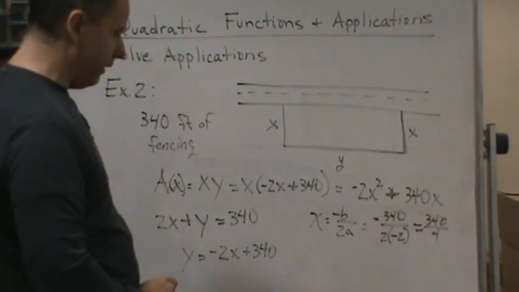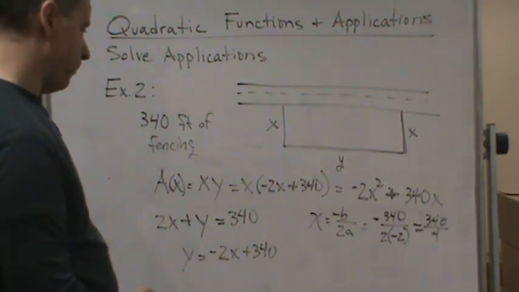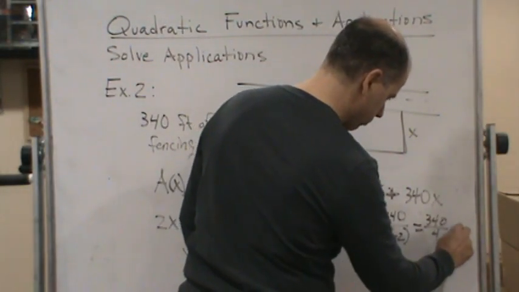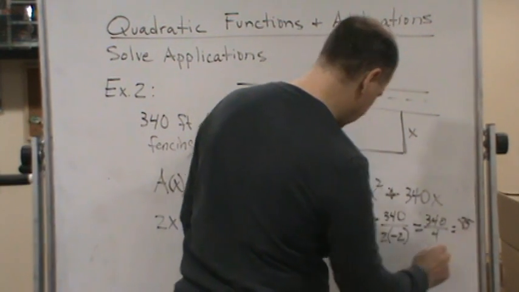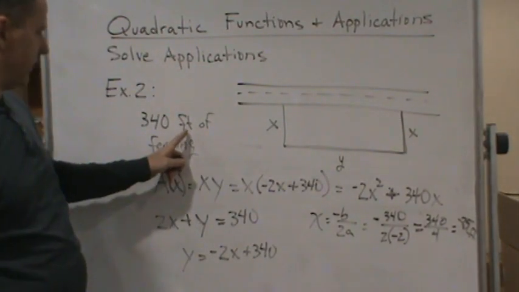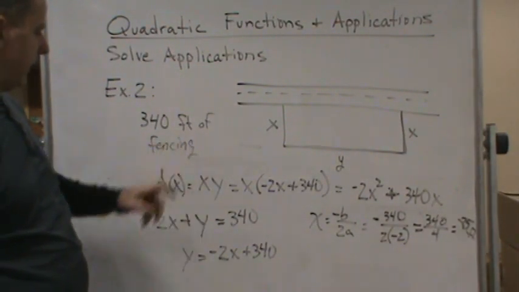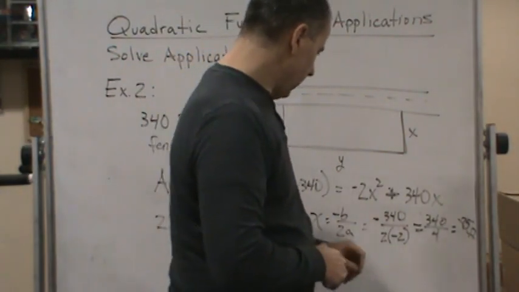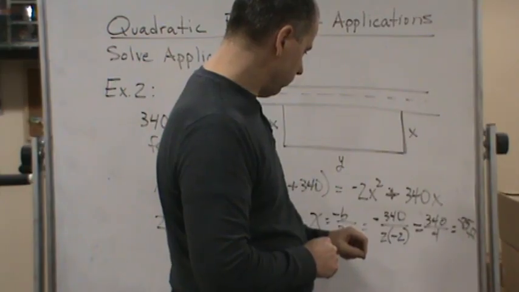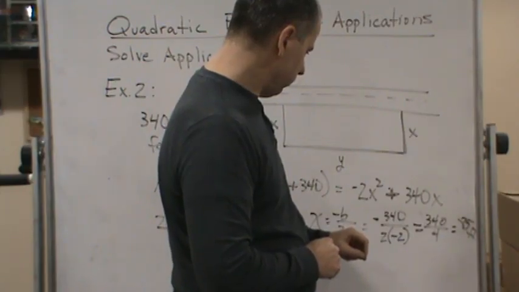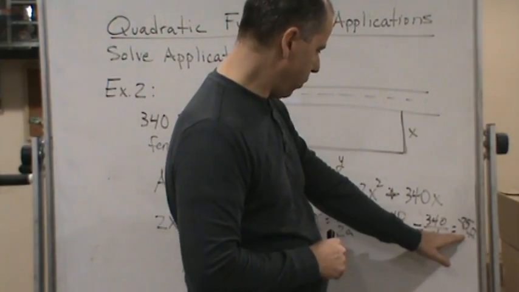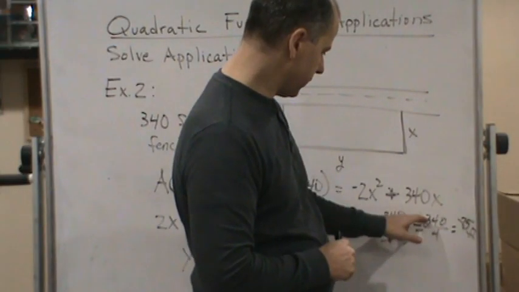This is going to give us 85 feet. Why feet? Because that's the units they gave us for length. Four times 80 is 320, plus 20 gives us 340.